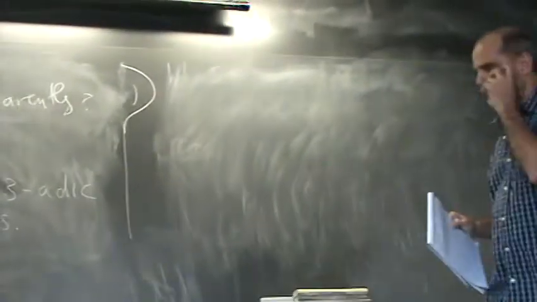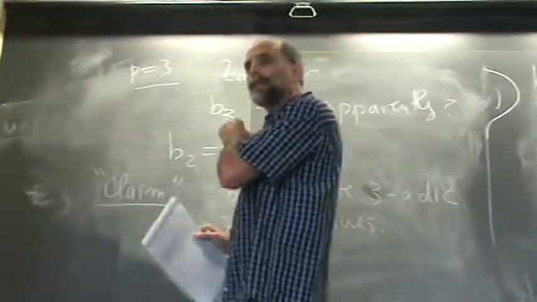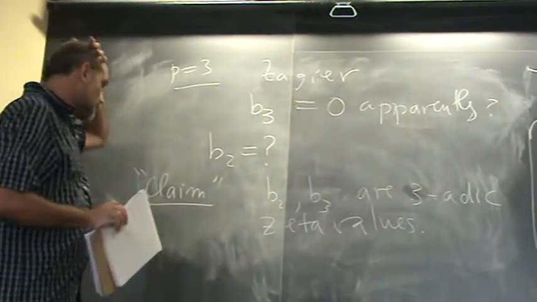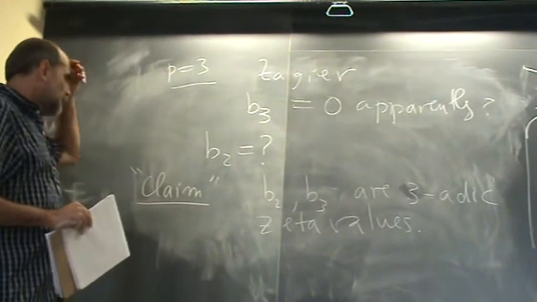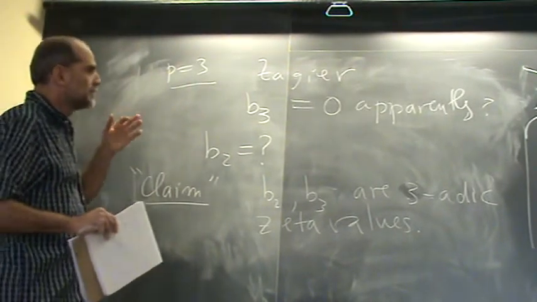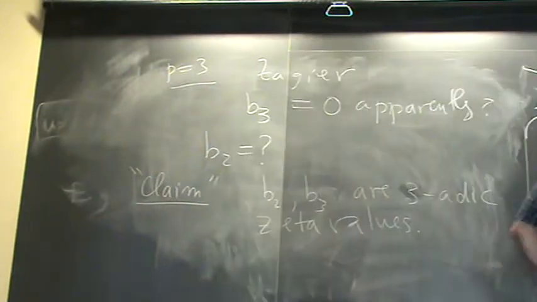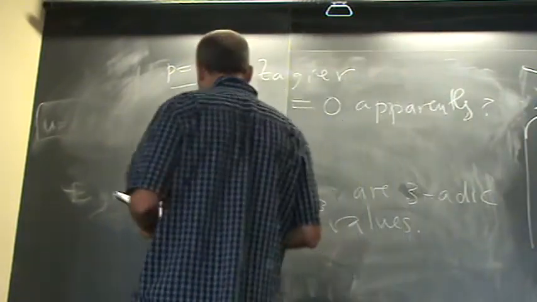So let me explain where this didn't just come out of nowhere. It sort of dawned on me slowly that this had to be true. And as I said, I'm an epsilon away from proving it.